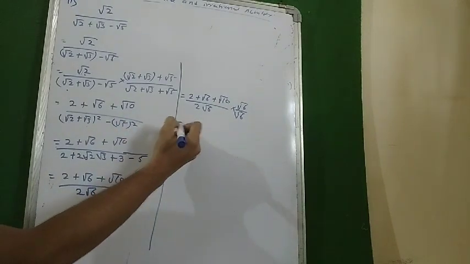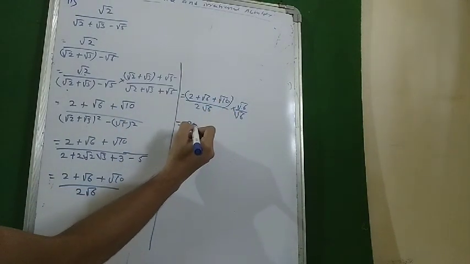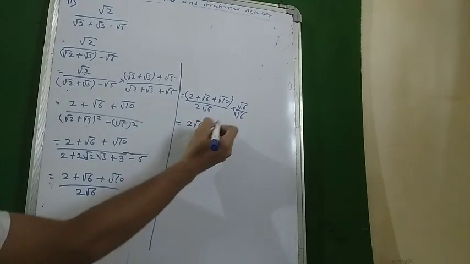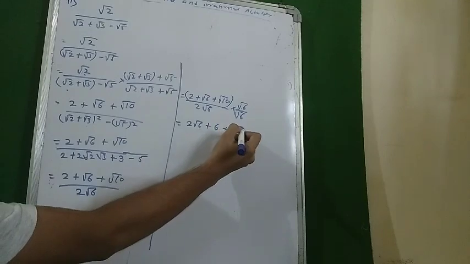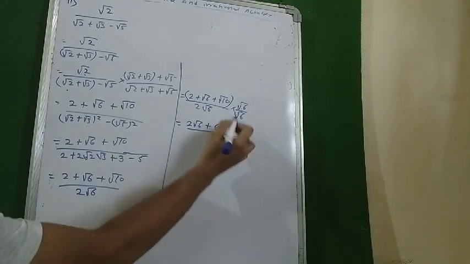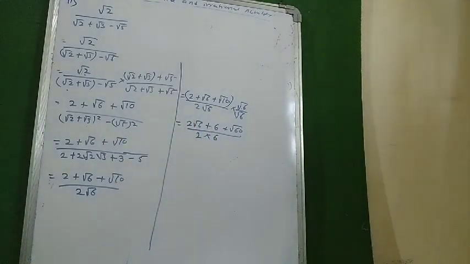Okay. So root 6 multiplied by the whole bracket: root 6 into 2 is 2 root 6, root 6 into root 6 is 6, root 6 into 10 is root 60, upon root 6 into root 6, it is 6. And this 2 as it is.